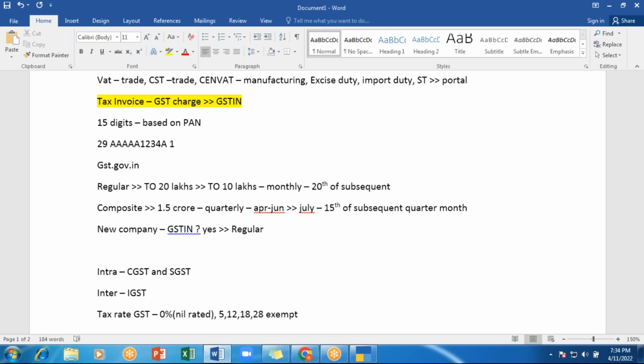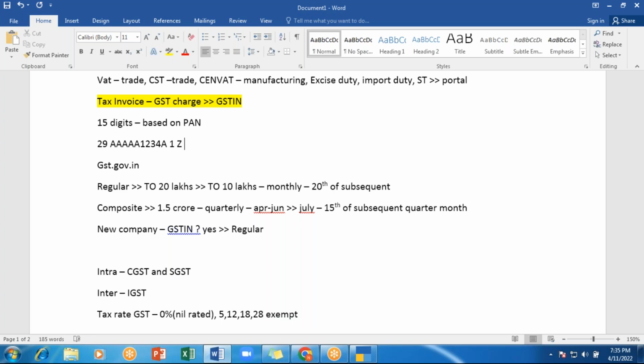Entity code depends upon your trade, whether you're a service provider or trader. Then any one alphabet will be assigned, called the assigned alphabet. So 29 state code, PAN number, 1 entity code, assigned alphabet, then a check digit.